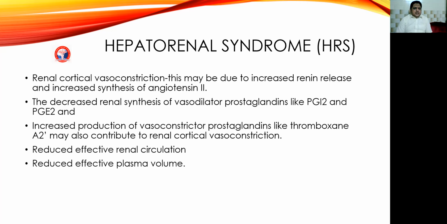Next reason is the increased production of vasoconstrictor prostaglandins like thromboxane A2, which may also contribute to renal cortical vasoconstriction. The first one is renal cortical vasoconstriction due to increased renin release and increased synthesis of angiotensin II.